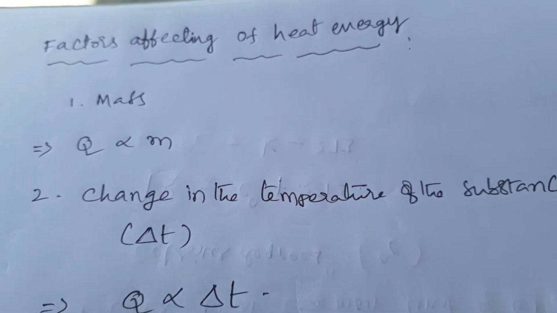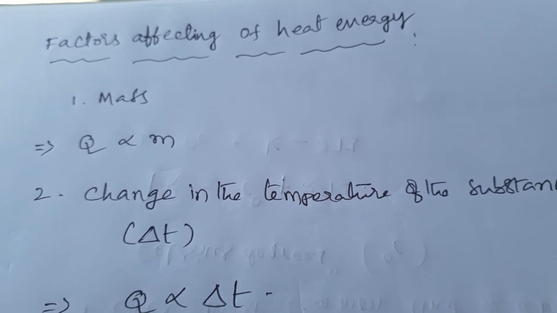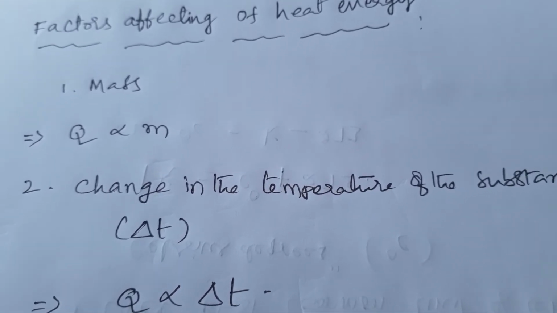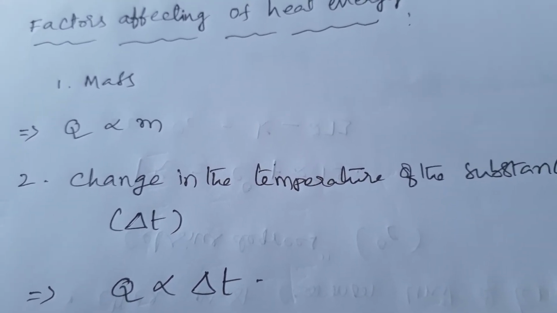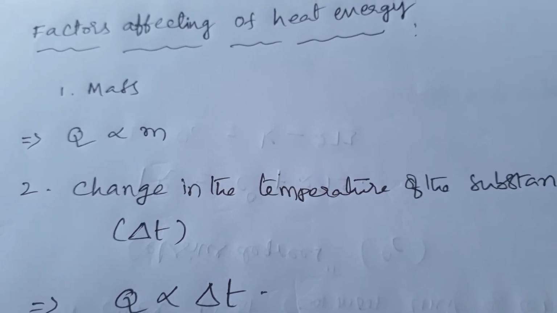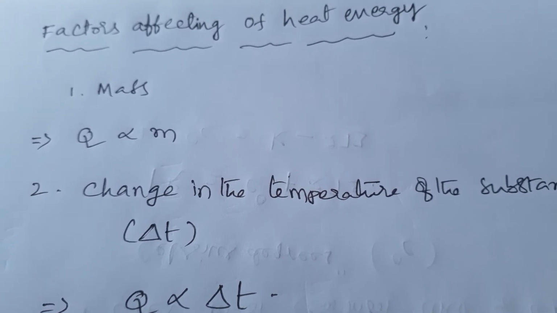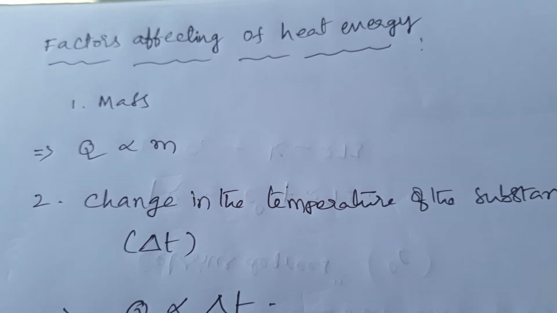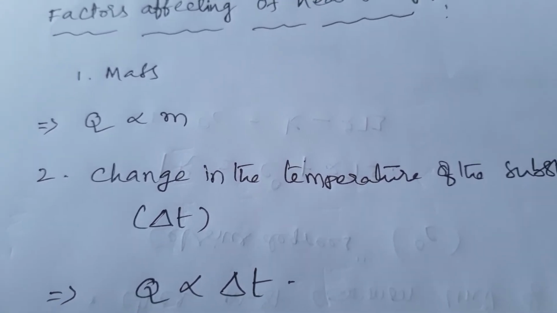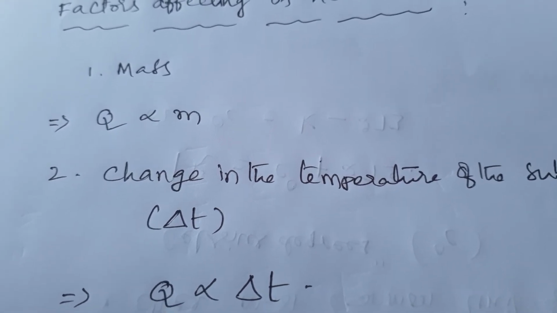By that we can say heat energy depends on mass. As mass increases, the heat energy required to heat that body increases. So we can say that Q is proportional to mass.